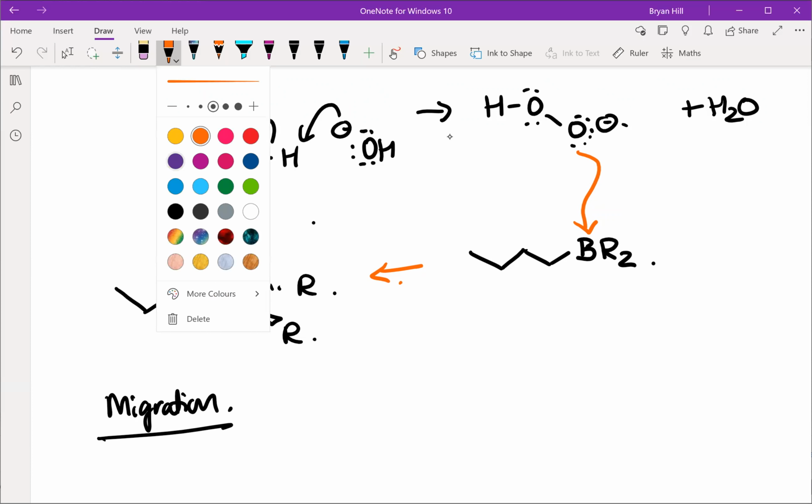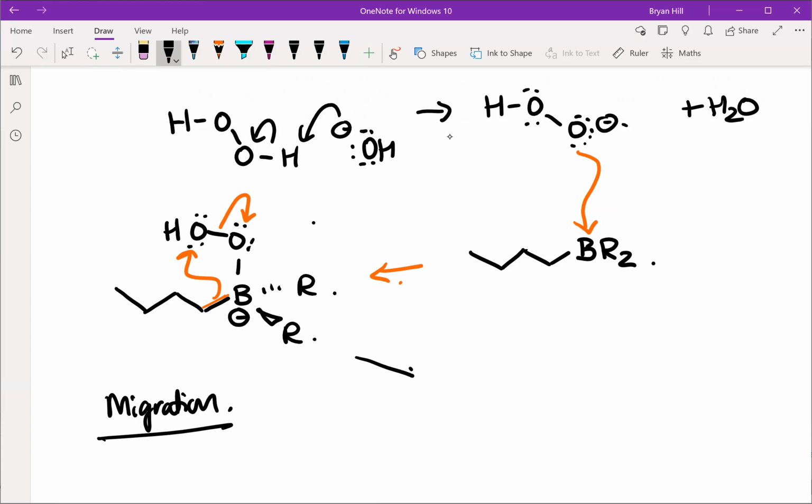And so after this is done, we end up making our alcohol, and now the negative charge is on an electronegative oxygen atom, and so this is like rolling downhill with regard to being on an energy diagram.